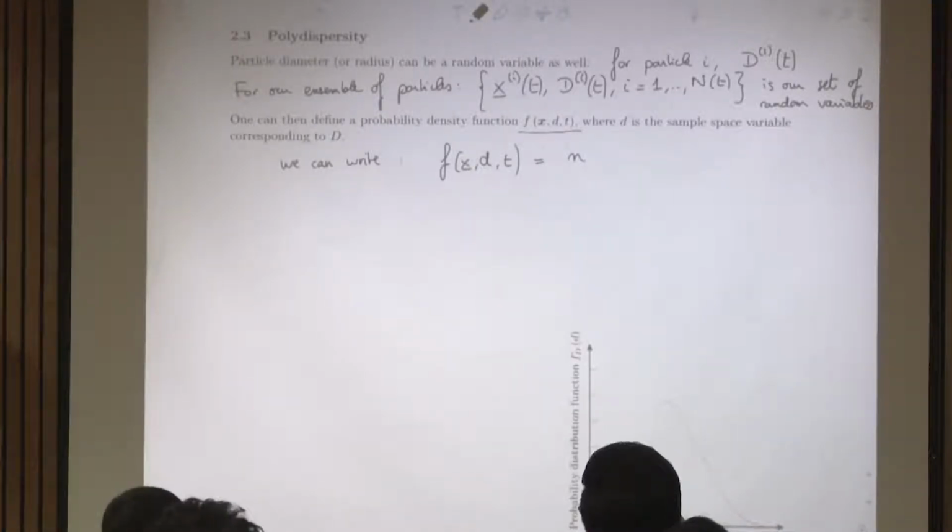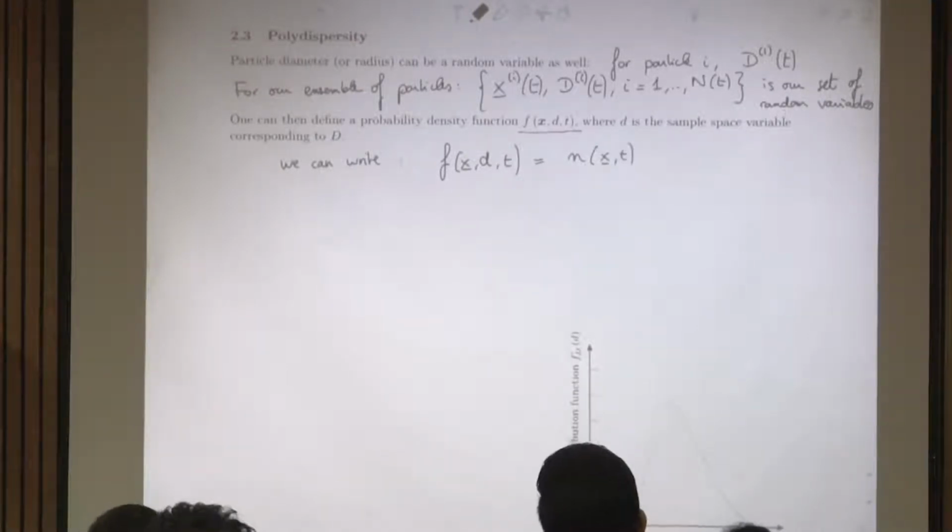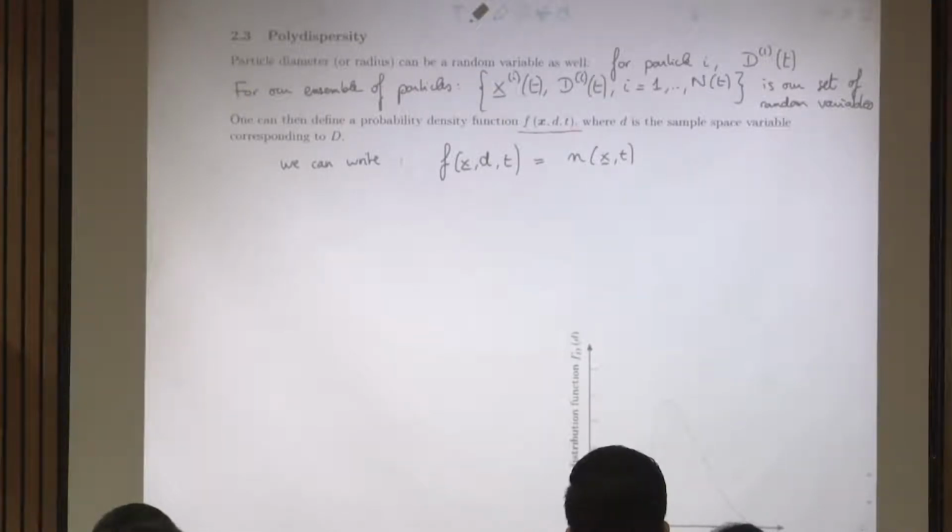So if I ask myself, what is my probability of finding a particle at a certain location? Well, that's what we've defined before as this number density. So n of x and t is already my probability density. This is my number density.